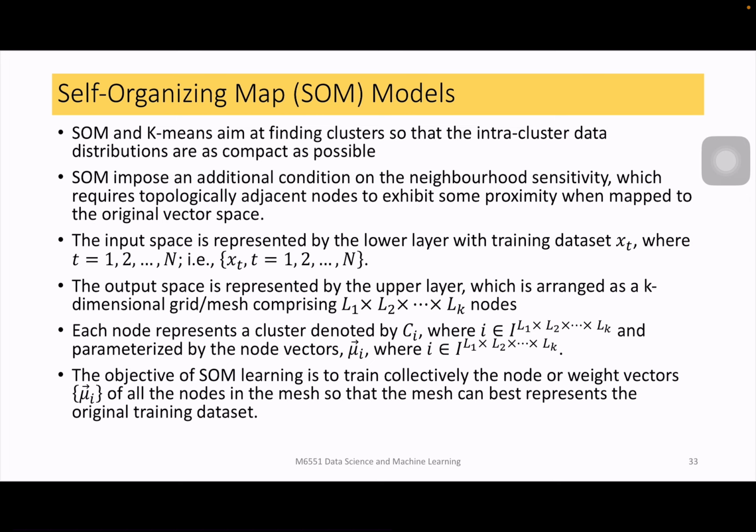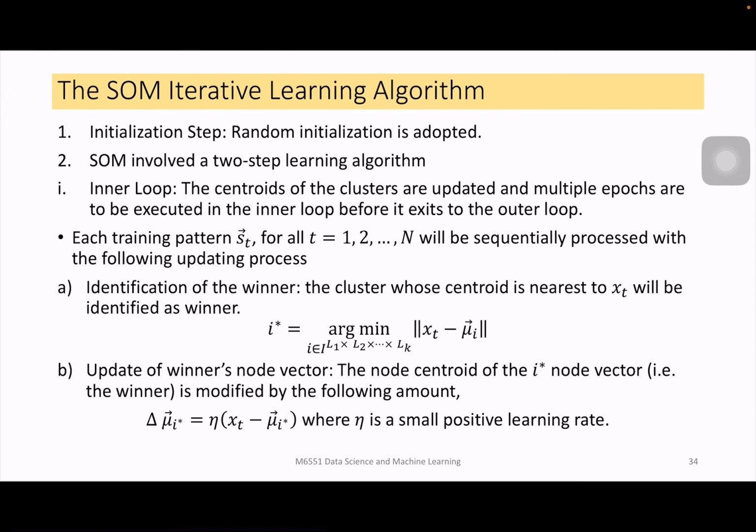Each node represents a cluster denoted Ci, where i ranges over L1 times L2 to Lk, and is parametrized by the node vector mu i. The objective of SOM learning is to collectively train the weight vectors mu i of all nodes in the mesh so that the mesh best represents the original training data set.